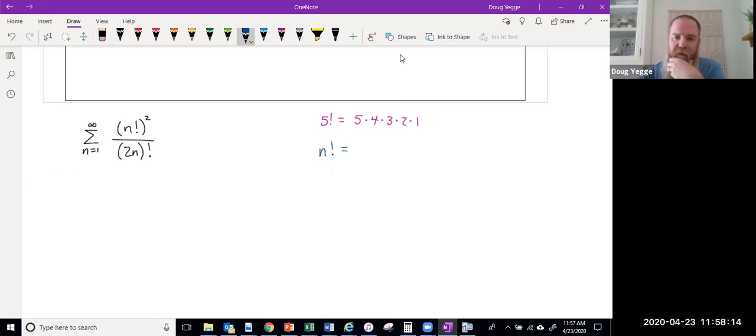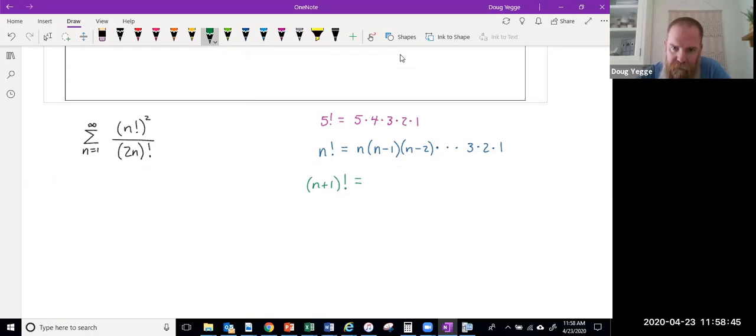Well, n factorial is n times the integer right below that, which is n minus 1, times the integer right below that, which is n minus 2, all the way down to 3 times 2 times 1. Well, what about n plus 1 factorial? So n plus 1 factorial is going to happen all the time as well because of the ratio test, having to plug in n plus 1 everywhere you see n. So look what that is.